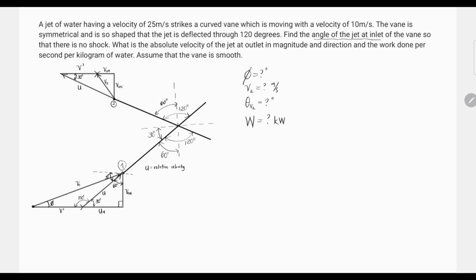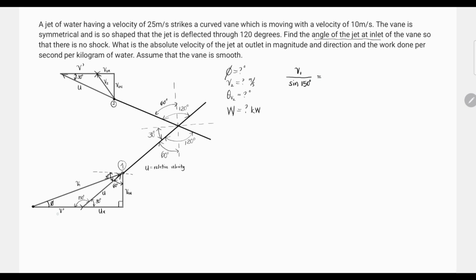So, first, let's try to solve for the angle of the jet at inlet. In order to solve for the angle of the jet at inlet, we need to use the sine law. So, for sine law, kailangan natin yung values ng velocity and value ng angle opposite to that velocity. What does that mean? So, kailangan natin yung V1. So, may V1 na tayo. So, V1 over yung opposite angle niya. So, opposite angle niya is 150 degrees. So, since this is sine law, we need to use the sine function.